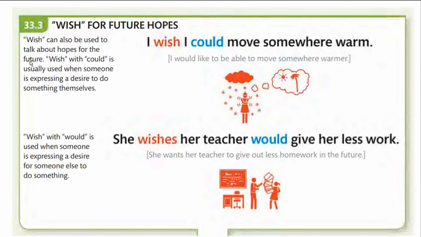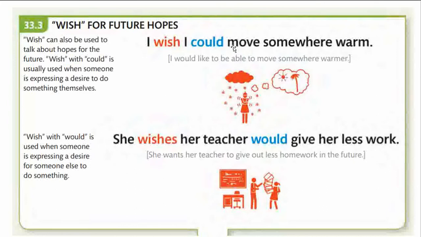Let us read and absorb it. Wish can also be used to talk about hopes for the future. Wish with could modal is usually used when someone is expressing a desire to do something themselves. When you want to do something, you use could.